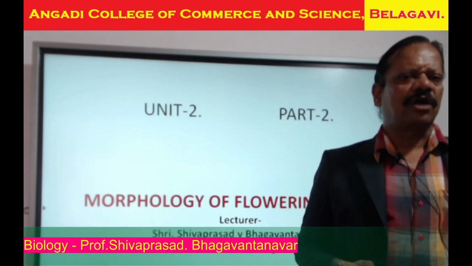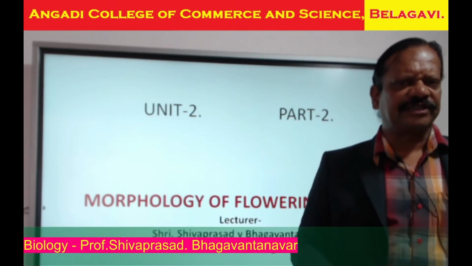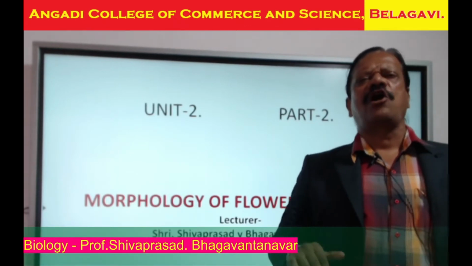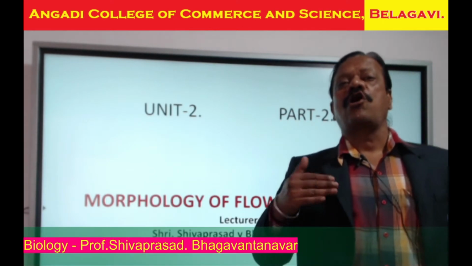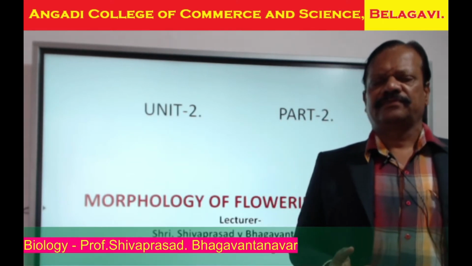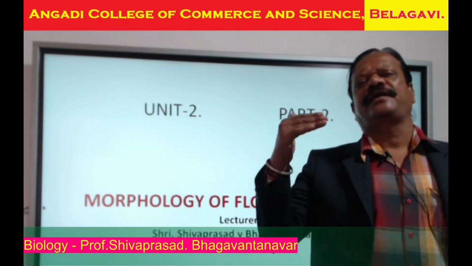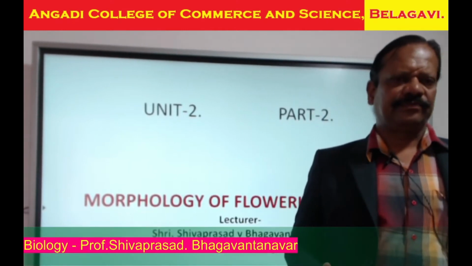So what all is required? Calyx, corolla, androecium, gynoecium. Now calyx is also called as a sepal. Corolla is also called as a petal. Androecium is nothing but a stamen, gynoecium is nothing but a pistil.